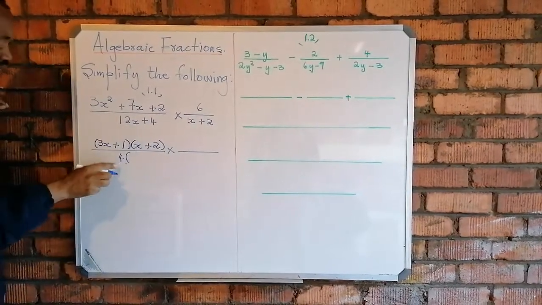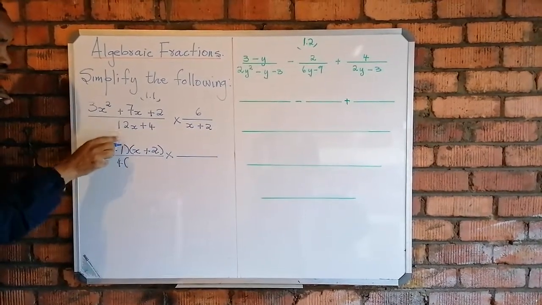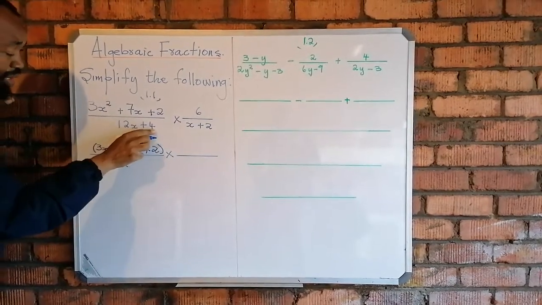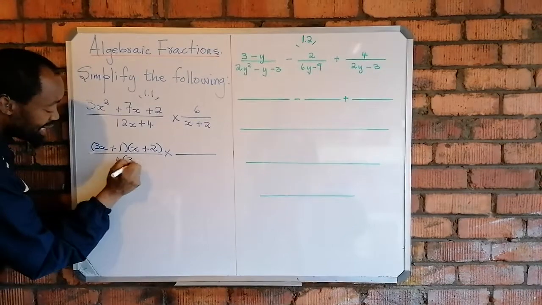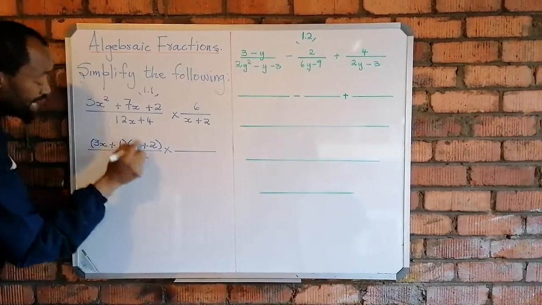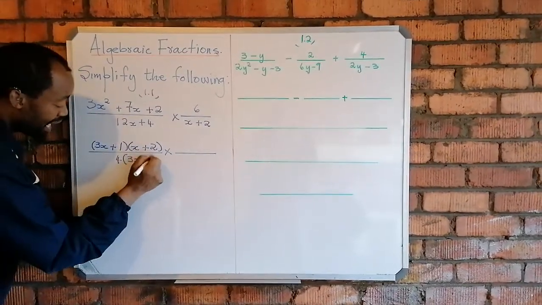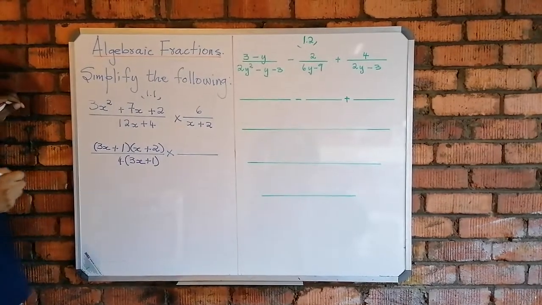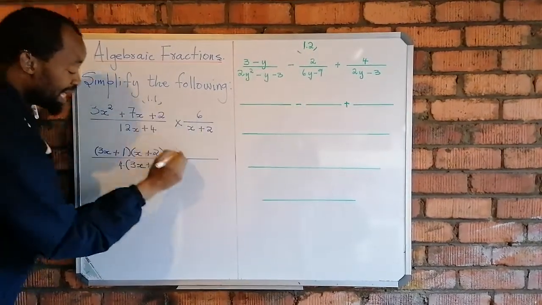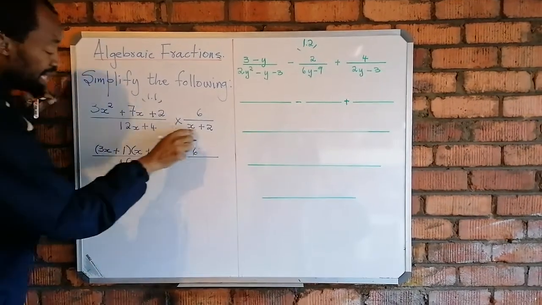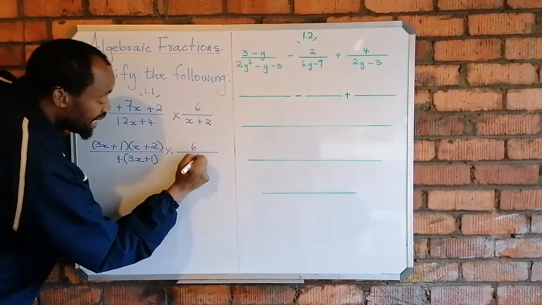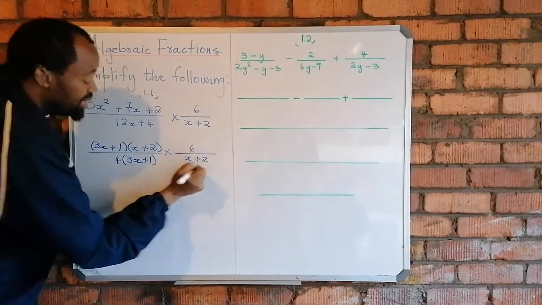Now, removing this 4 is the same as dividing by 4 here and there. When I divide by 4 here, I get 3x. When I divide by 4 there, I get 1. Now, here I can see that nothing must be done to 6. In this one, I can't factorize that.